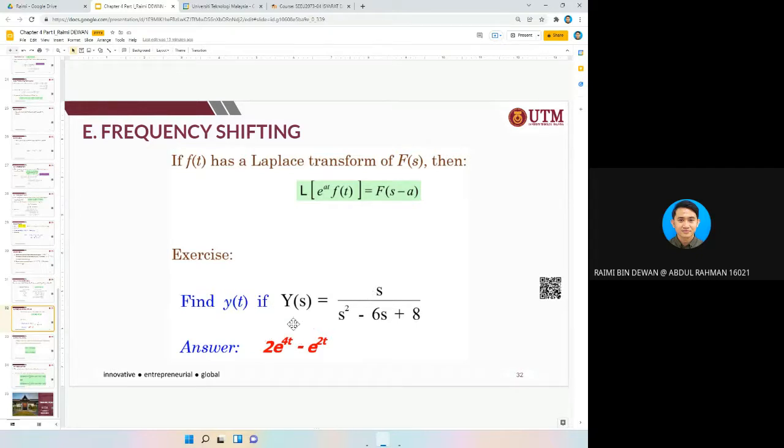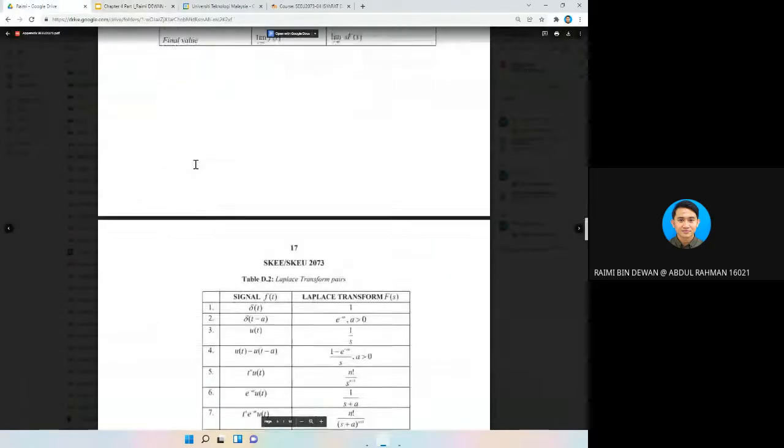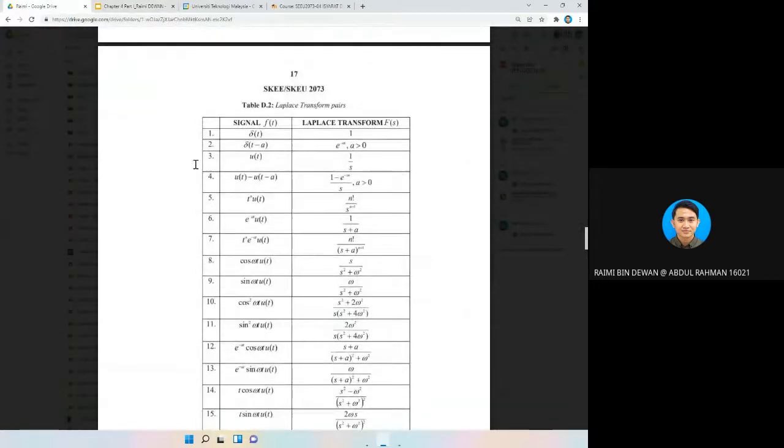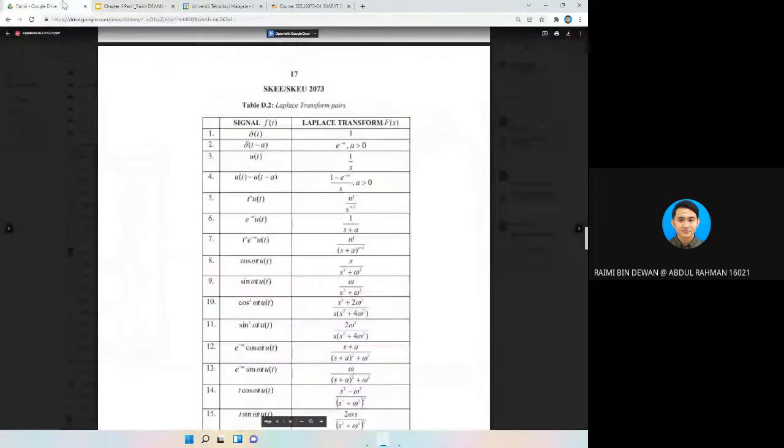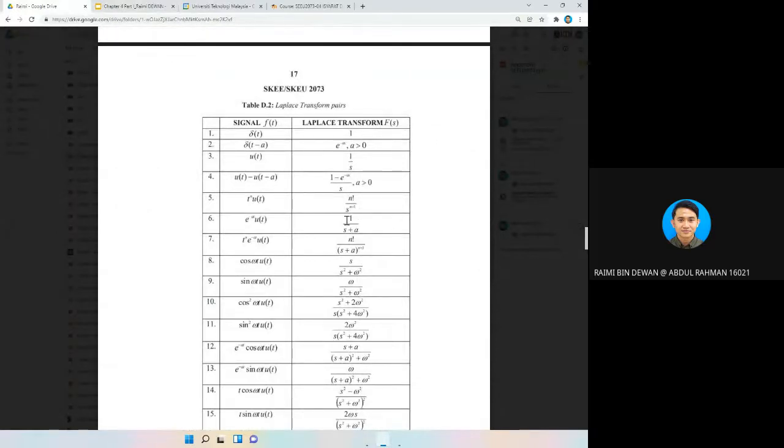This is the inverse Laplace transform, from Y(s) to obtain the time domain signal. You can refer here, I think it's related to this one.